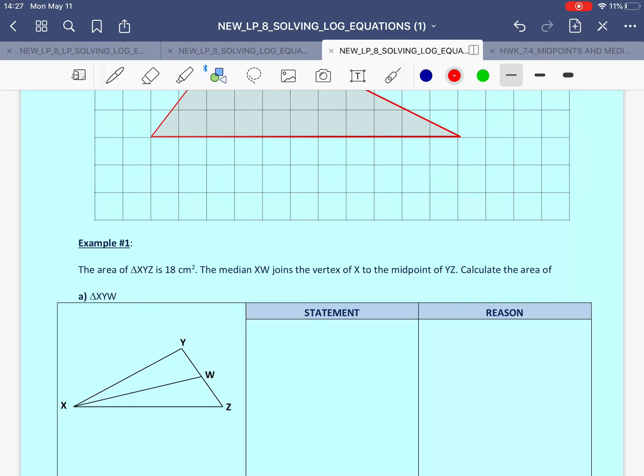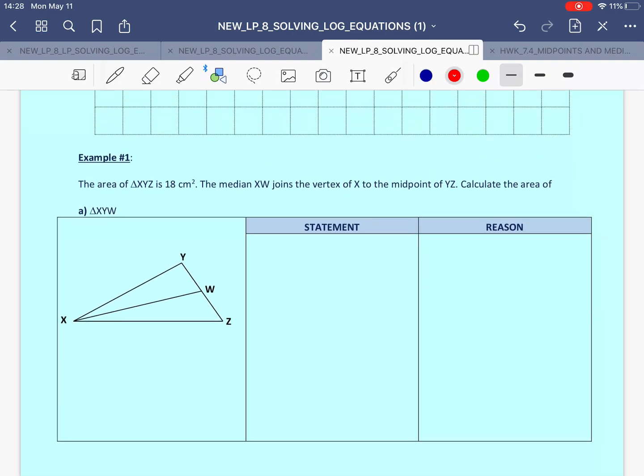Now, we're going to go over a couple of examples to practice the two theorems that we just learned. Example number 1 states that the area of the triangle XYZ given here is 18 centimeters squared. So XYZ is 18 centimeters squared.